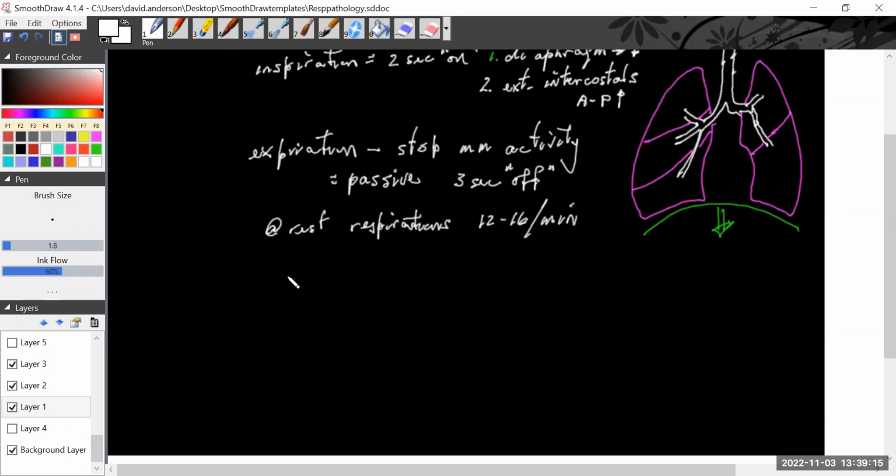Okay. So in forced expiration, forced ventilation, that's what's going to happen during stress or fight or flight, exercise, those sorts of things. We're going to recruit more muscles.